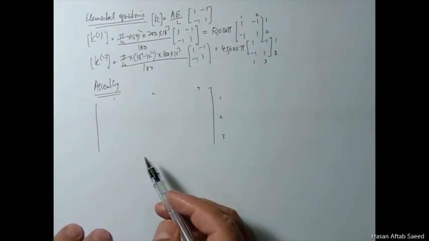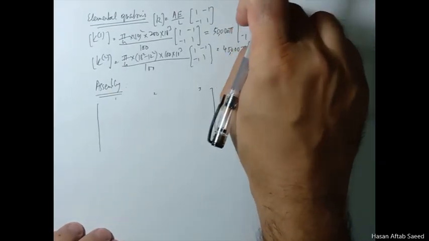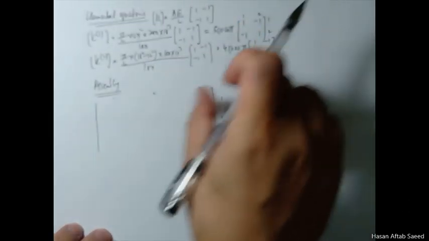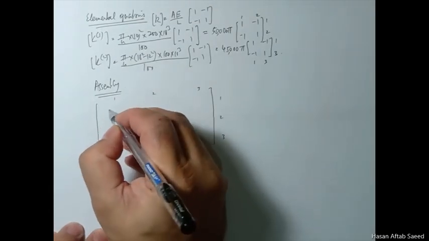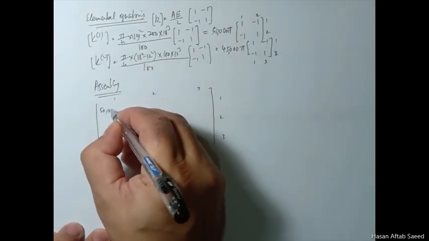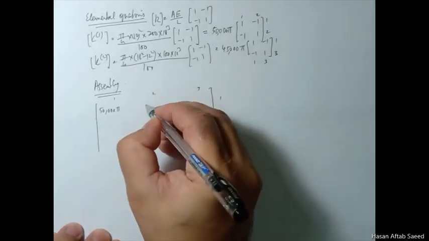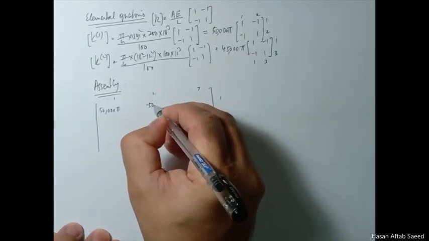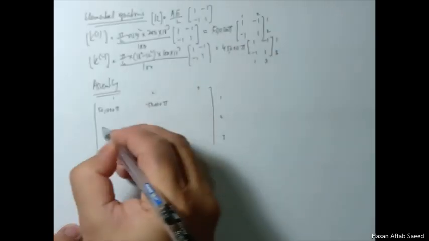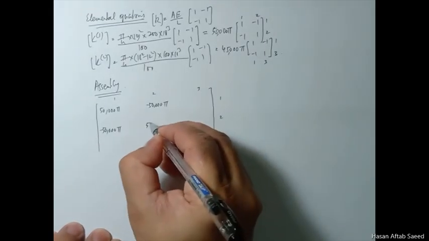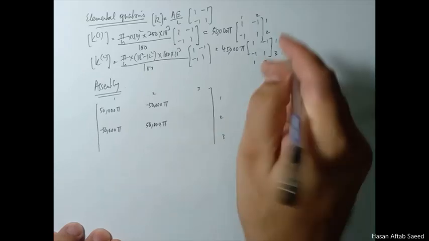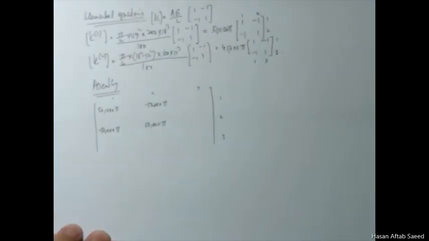So it's a simple matter of putting these 1 2 1 2 here and 1 3 1 3 here. So again, very familiar, nothing to do with boundary conditions yet. 50,000 pi minus 50,000 pi, minus 50,000 pi, 50,000 pi. This is element 1 superimposed.